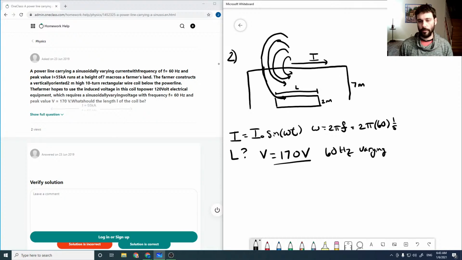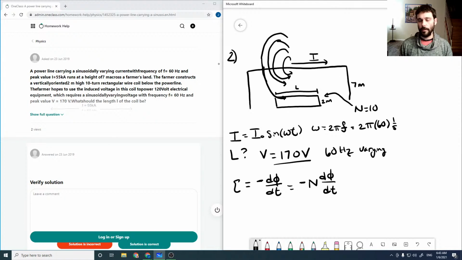Well, to find a voltage that's induced, we're going to need to use Faraday's law, so minus d phi by dt. We have actually not one coil, but 10 coils. And so we're actually going to use kind of the coil version of this, which is n d phi by dt.